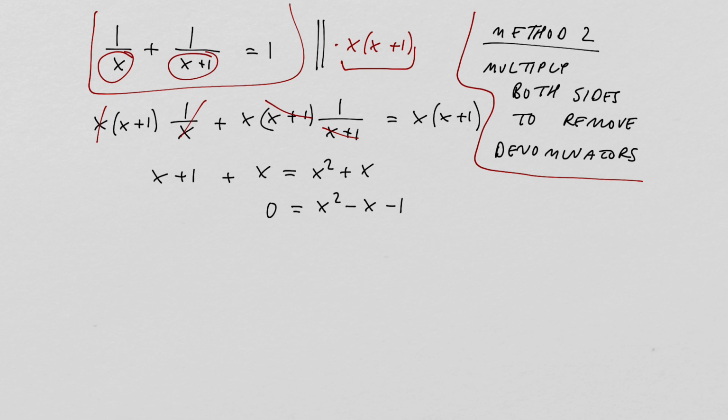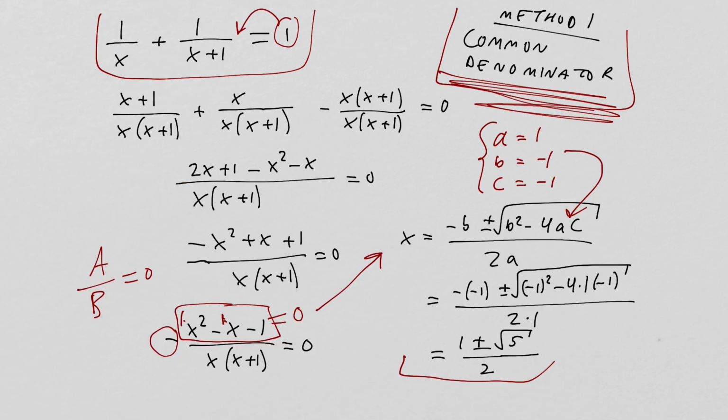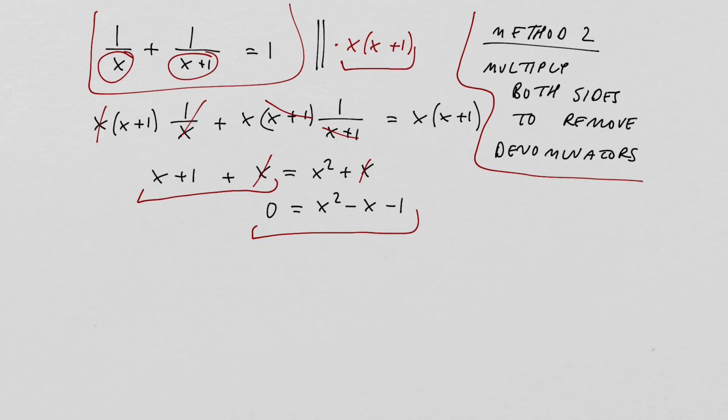And the left hand side will be quite simple. We can cancel out these x's and we get the same equation as before. X squared minus x plus x minus 1 is 0. Here we had the same equation. So this second method also works.